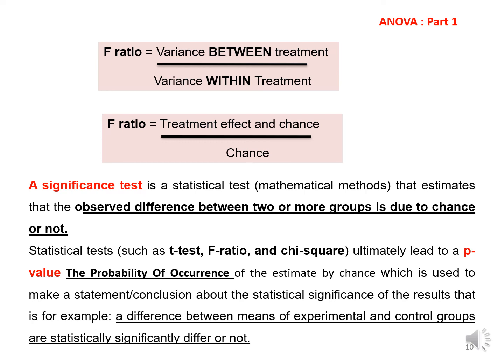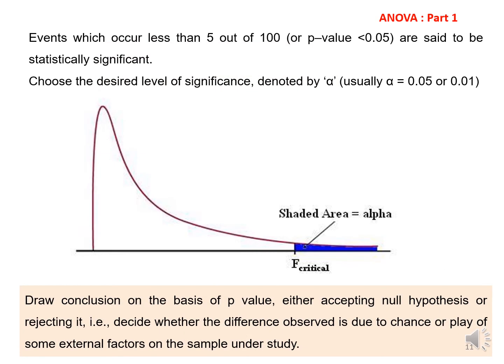A significance test is done to estimate whether the observed difference between two or more groups is due to chance or not. For F ratio, t-test, chi-square, we use the p-value. The level of significance is denoted by alpha, which we usually take as 0.05 or 0.01.